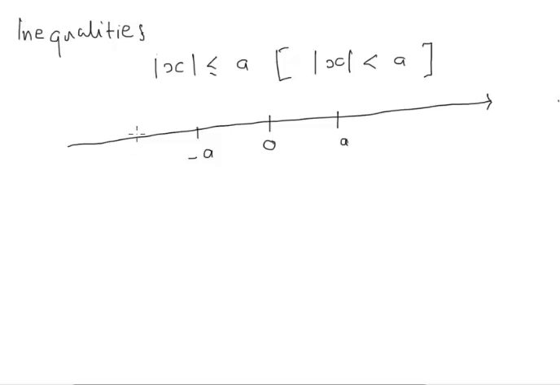I'm saying we're talking about the absolute value, remember? If I pick a number here, the absolute value of that number is less than A, isn't it? Now, if I pick a number there, is the absolute value less than A? I'm not saying the number is less than A. I'm saying, is the absolute value less than A?